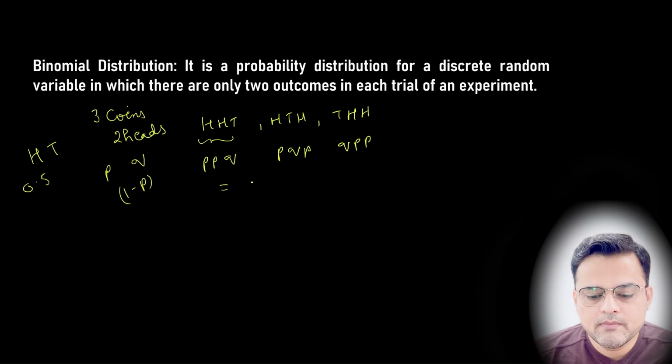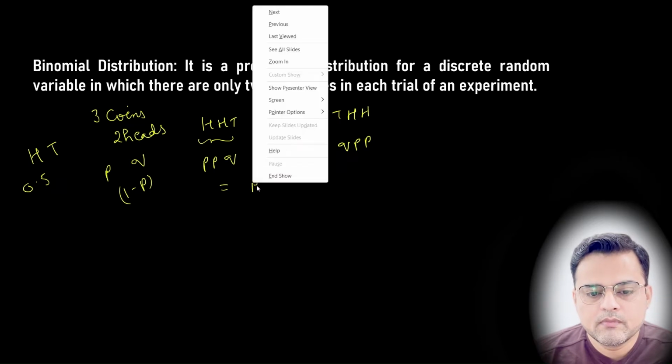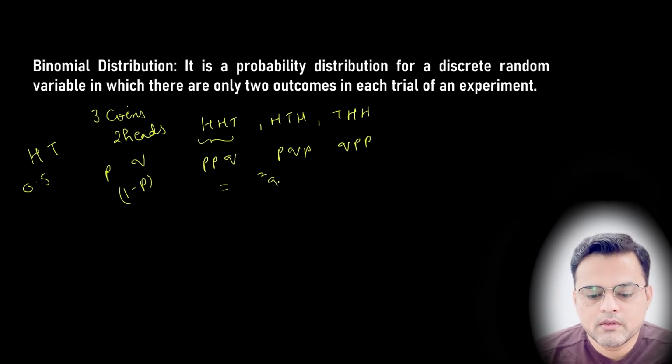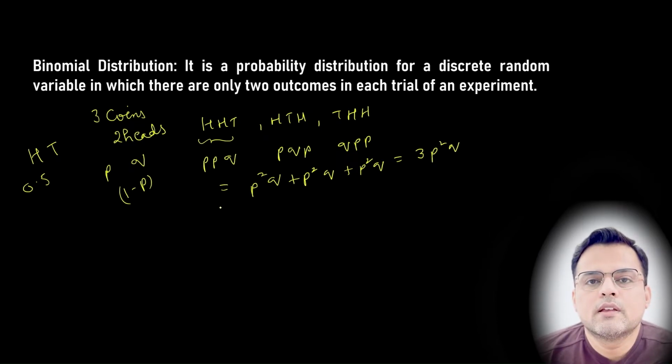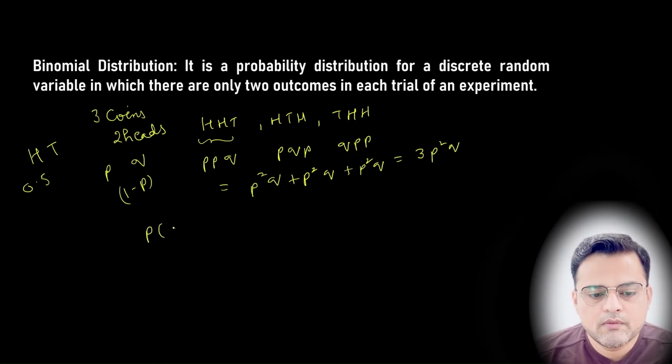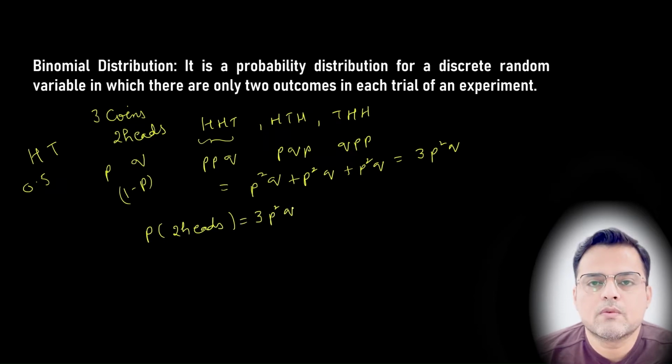So this becomes P square Q plus P square Q plus P square Q, which is 3P square Q. So the probability of two heads in a three coin toss is equal to 3P square Q.